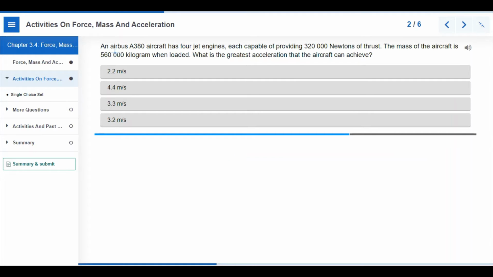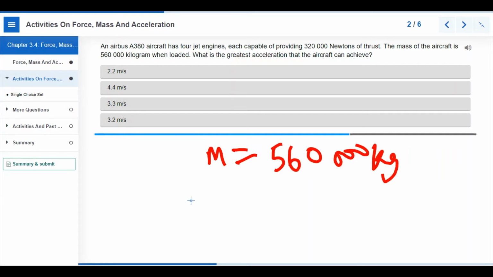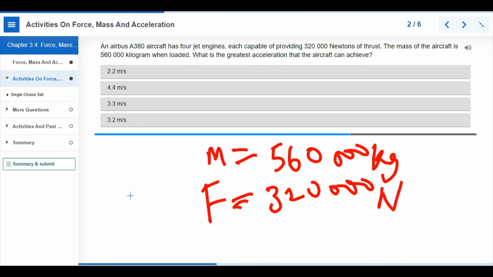Here now, the mass of the aircraft is 560,000 kilograms. And the force on it is 320,000 newtons.